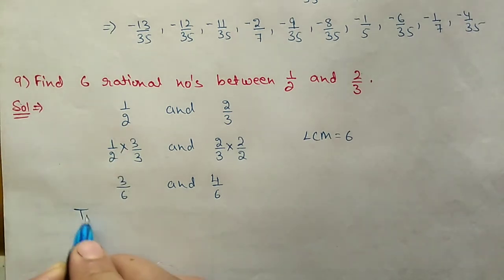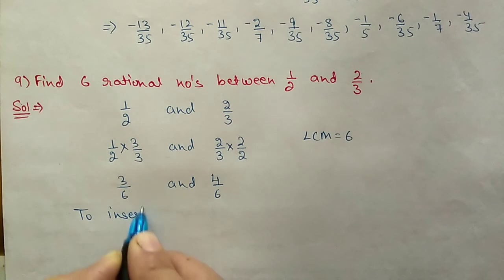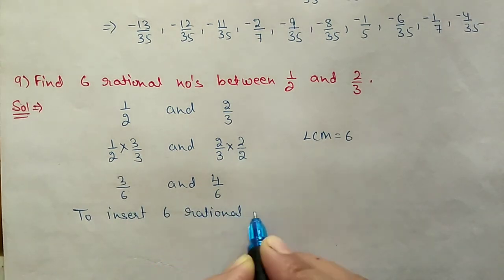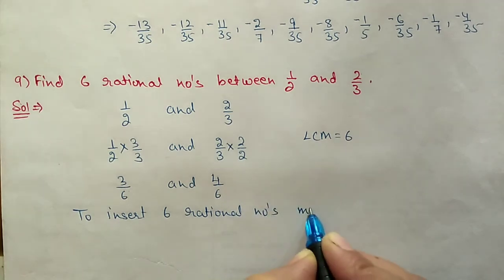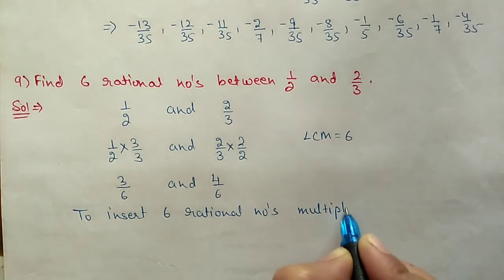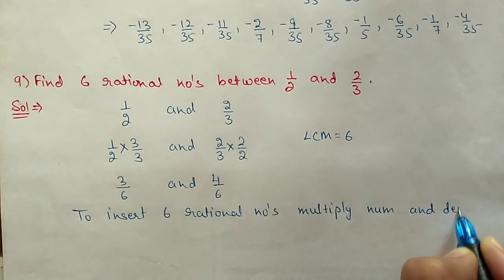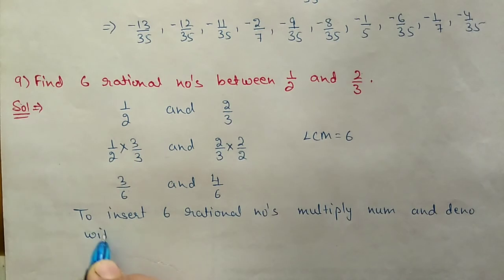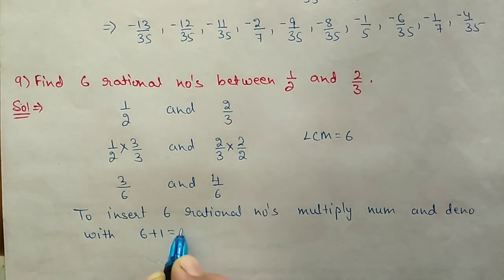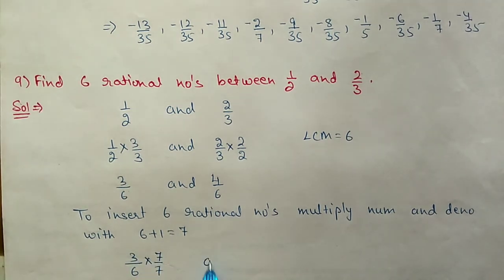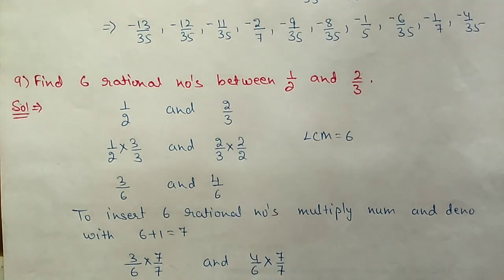So to insert 6 numbers, multiply numerator and denominator with 6 plus 1 or with 7. So we will get here 3 by 6 into 7 by 7 and 4 by 6 into 7 by 7.